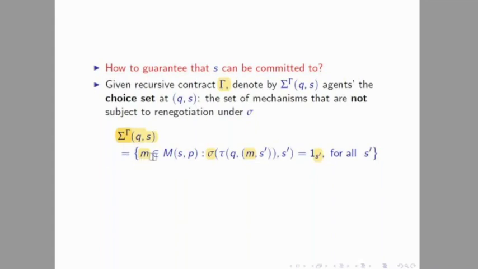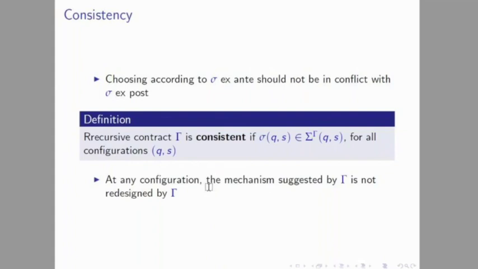So, if that is the case, then our choice rule is such that it implements mechanism M. These are the feasible mechanisms that the mediator could choose, assuming that the choice rule is going to be played in the next round, without a fear of the mechanism being renegotiated according to the contract.